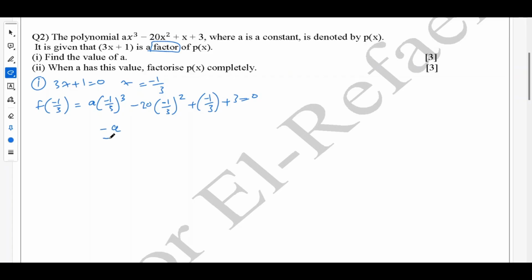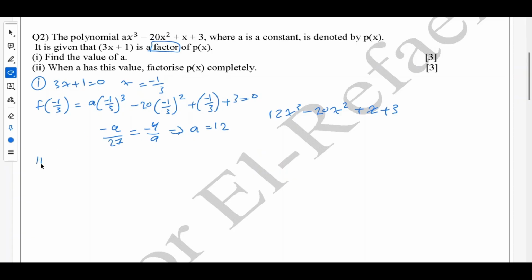Negative a over 27 equals negative 4 over 9. So a equals 12. So the function will be 12x cubed minus 20x squared plus x plus 3.